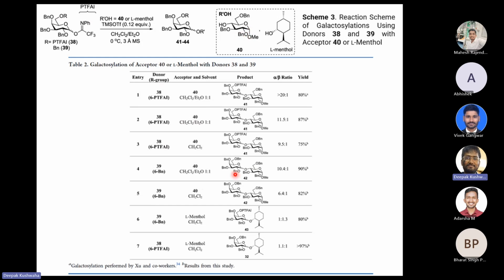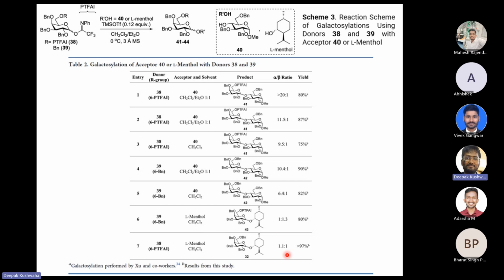The solvent and nucleophilicity of acceptors are known to affect the alpha beta selectivity ratio. To check that, they again changed the acceptor from this sugar to L-menthol. In both of the cases, they observed that there is no alpha beta selectivity, very bad.